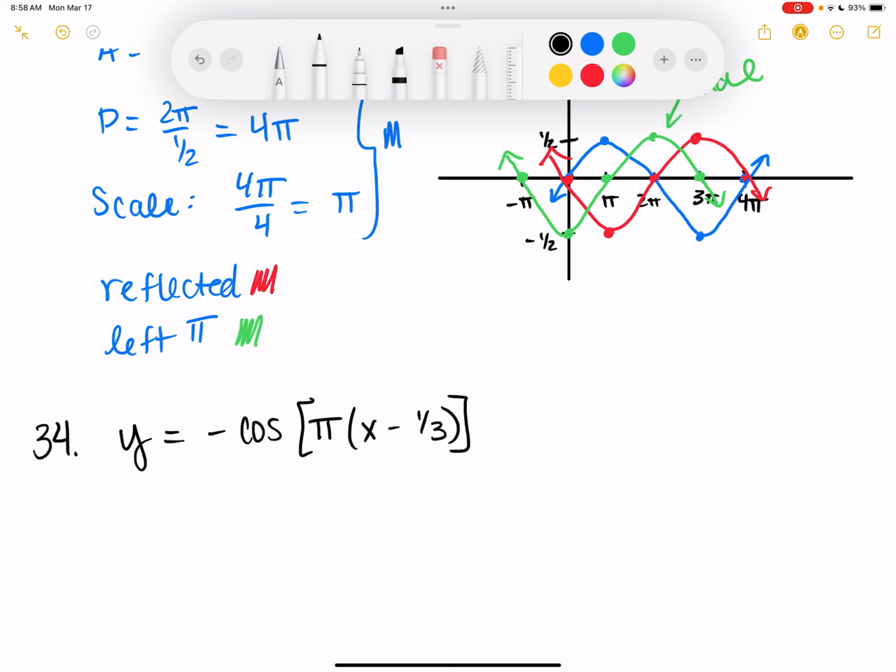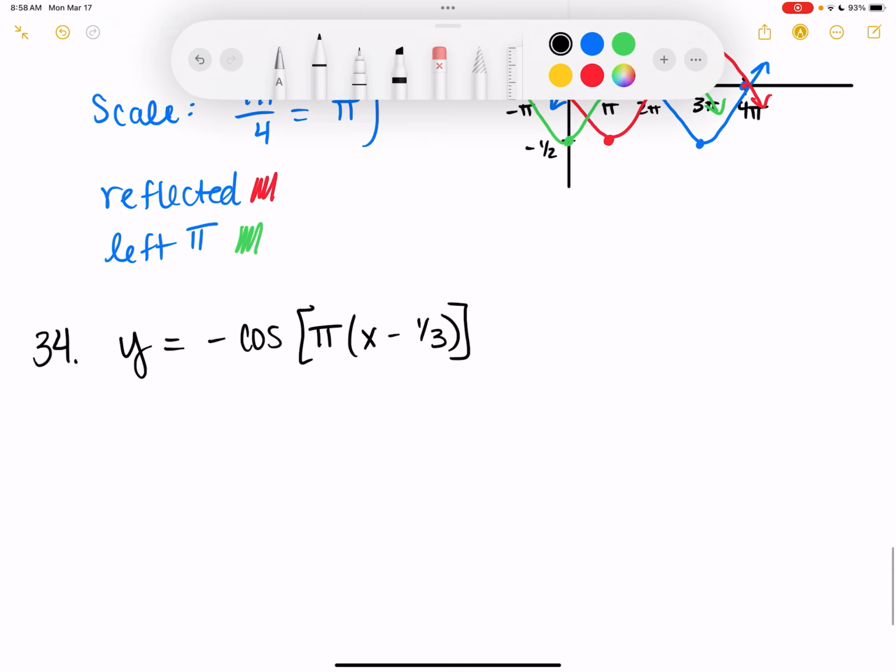Just wanted to confirm. So this pi that's here in front is what our b value is. It just looks different because it's not directly touching the x, but sometimes they write it that way. That's what I just wanted to confirm, that that was really what they were doing here with these problems.